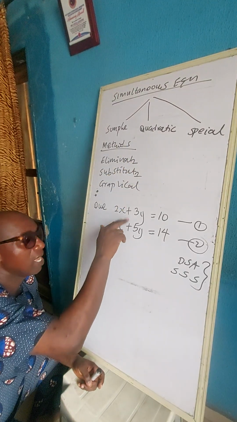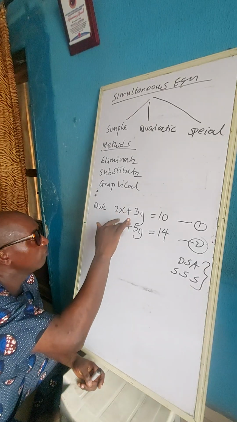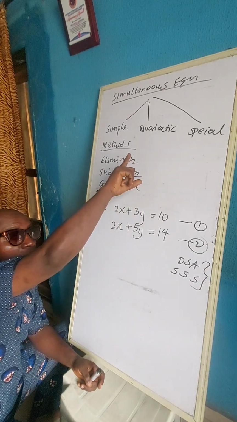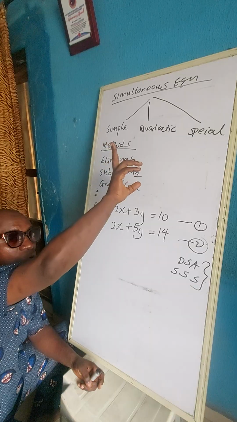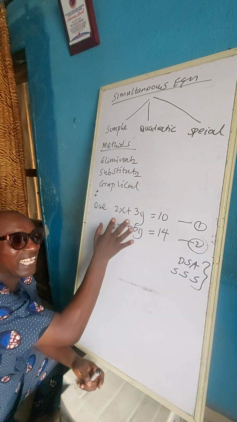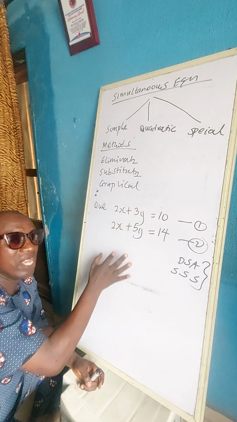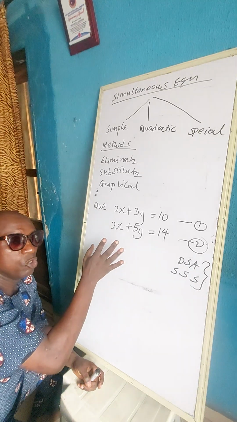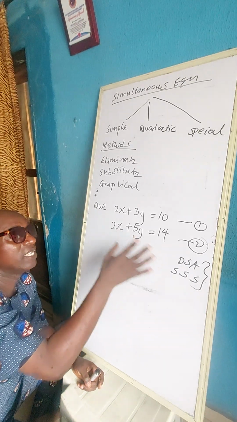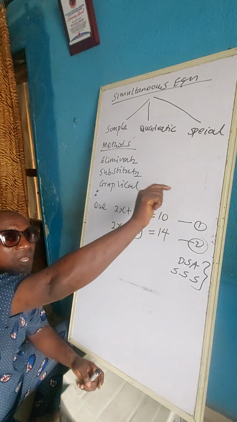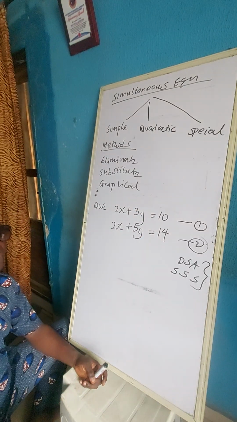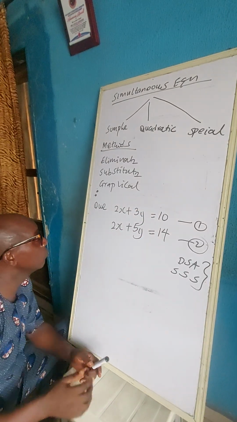If the power in any of these equations is 2, it becomes quadratic simultaneous equation. And if you are having 3 equations and you are asked to find 3 letters, x, y, z, it becomes special simultaneous equation.